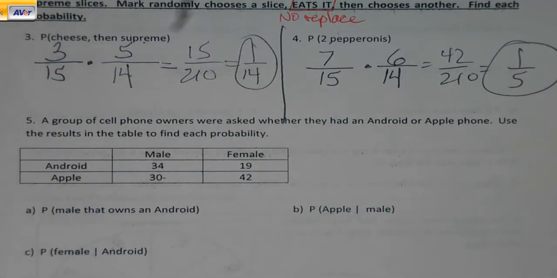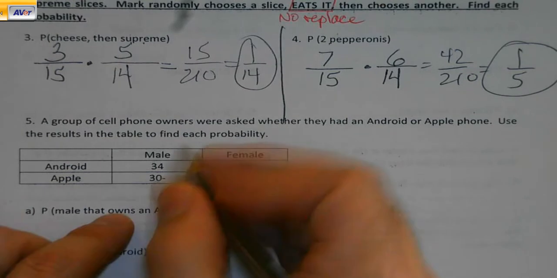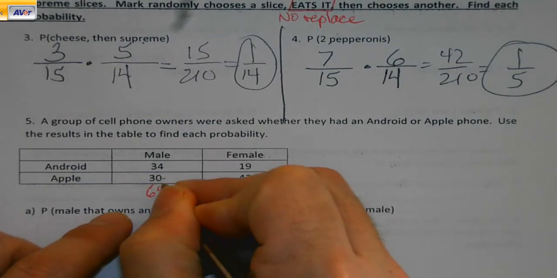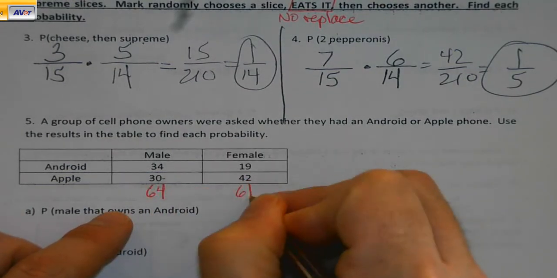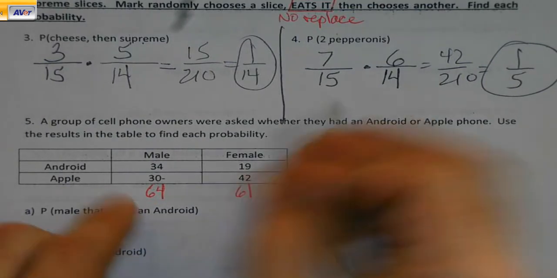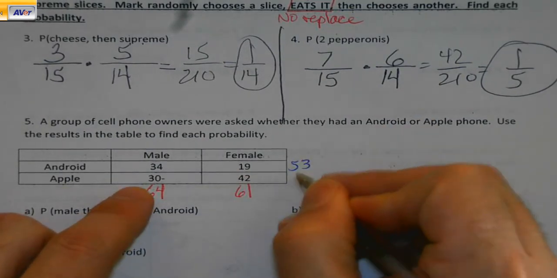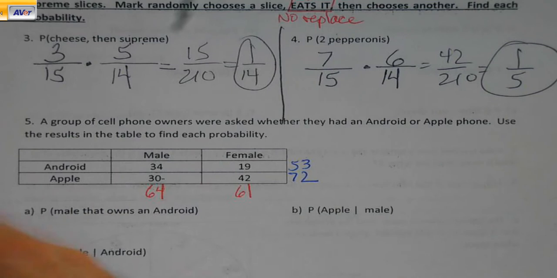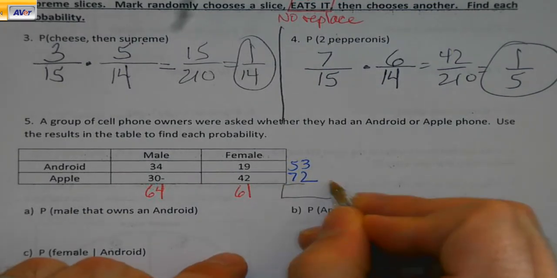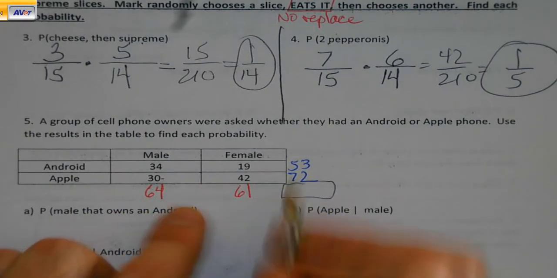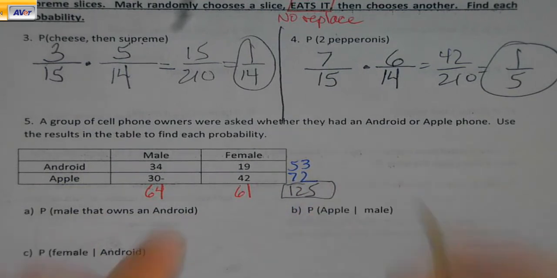Okay, we've talked about the need when we see a table. If there aren't totals, we want them. So I'm going to add my rows, and I'm going to add my columns. And what should happen is, when I total them going each direction, I should get the same number in there.